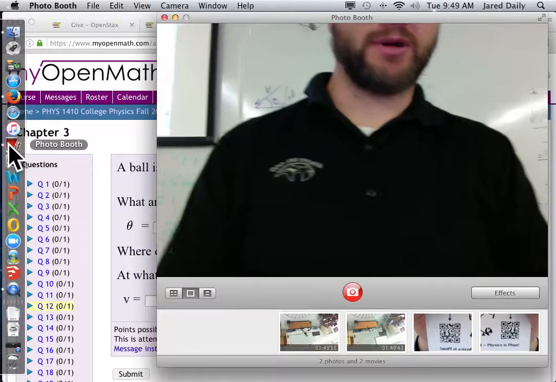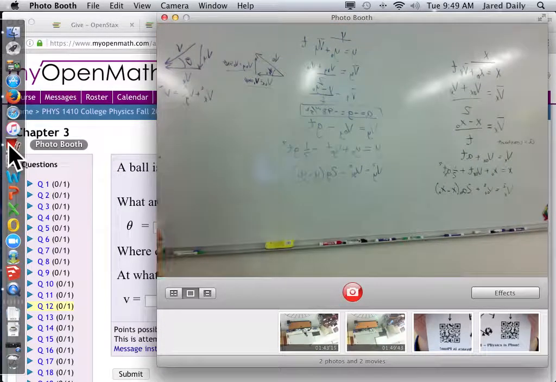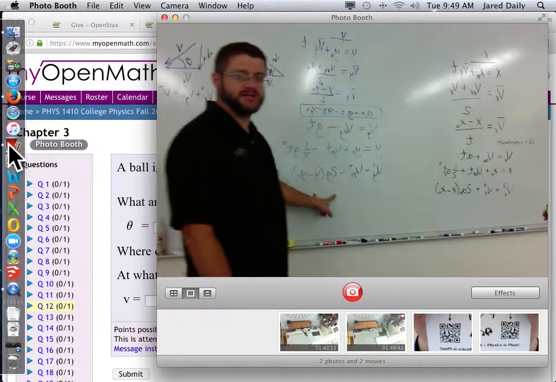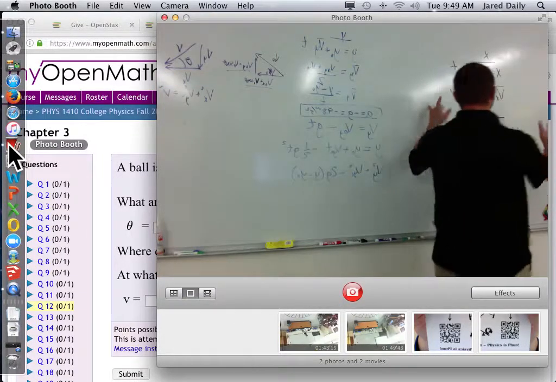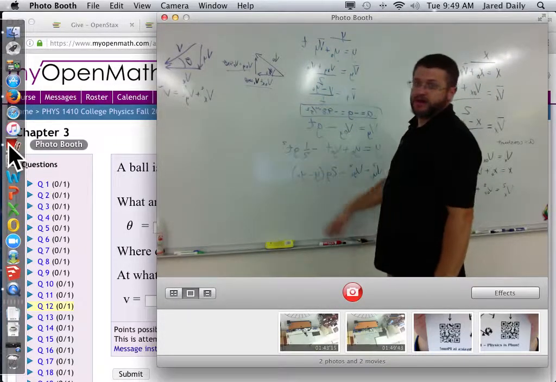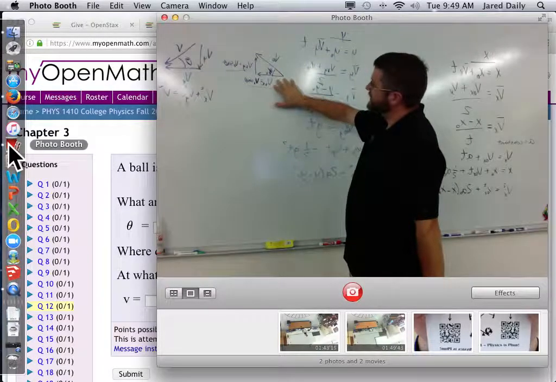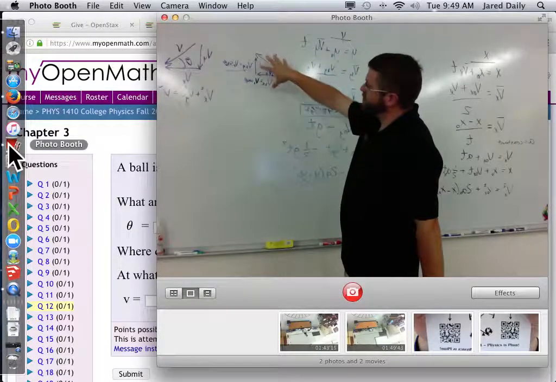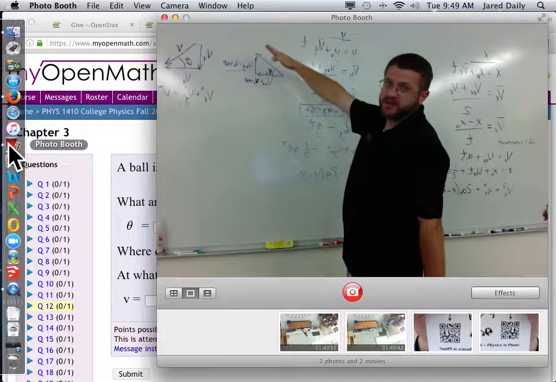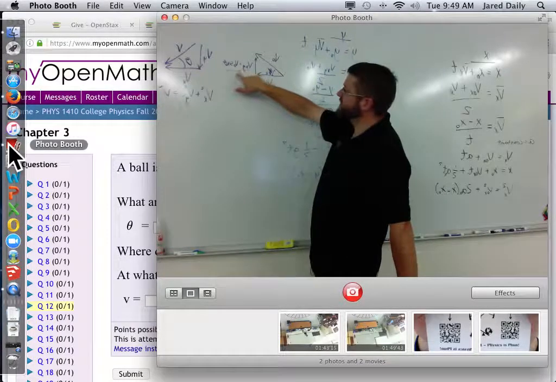I should have put a camera up here on this board, but these are the kinematic equations that we've been talking about. Kinematic equations in x right here, kinematic equations in y right here, and this is what we were just talking about, where you start off with a trajectory with a velocity initially, split it into components, v0x and v0y.